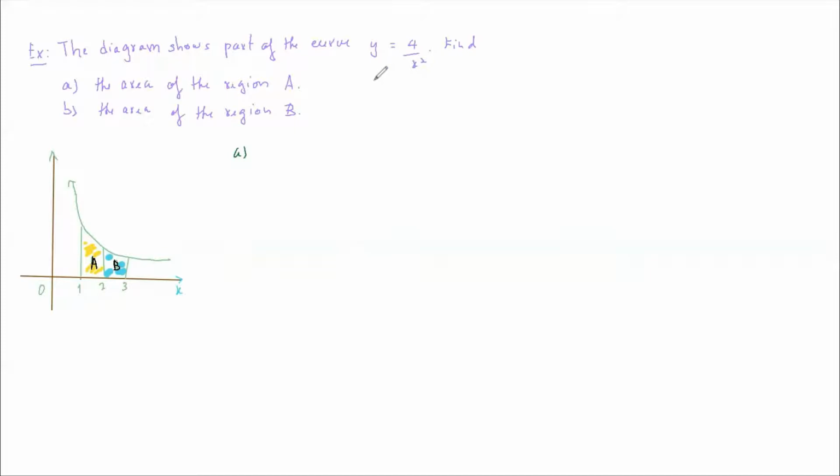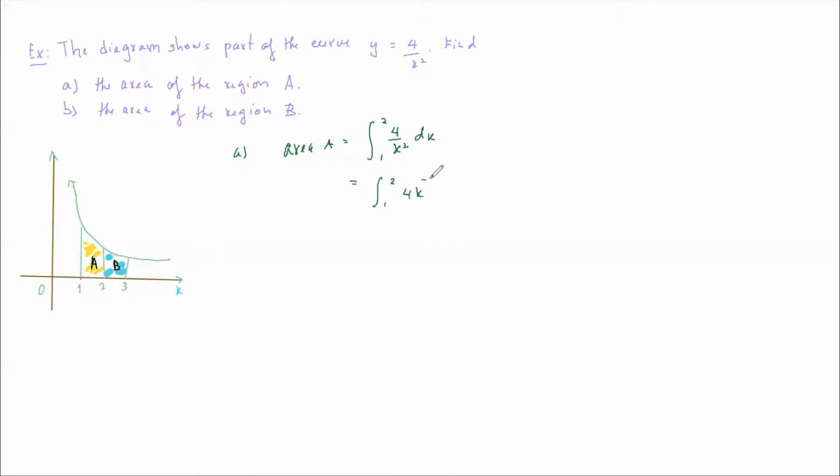So in this part we can find the area under the curve, region A. Area A equal to the integral of 4 over x squared, from 1 to 2, dx.